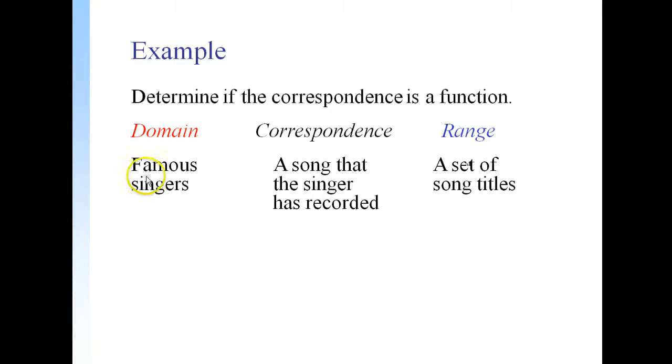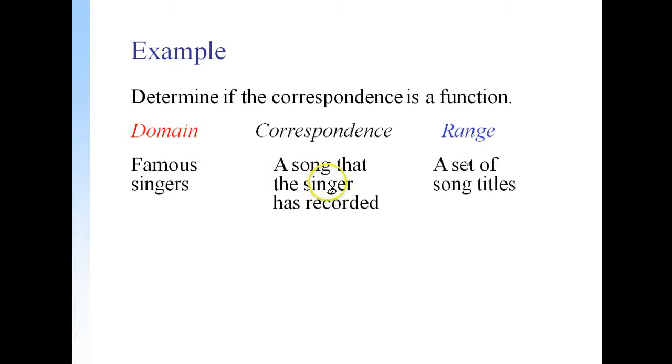Now, how about famous singers to records that they make? Set of song titles. Well, does a singer only sing one song, or can that singer sing many songs? Yes, Frank Sinatra, any other famous singer, Beyonce, whoever you can think of, they have many songs. So this would not be a function.